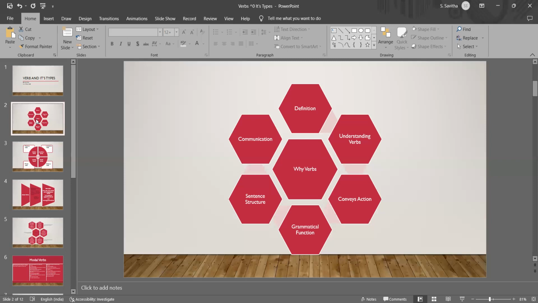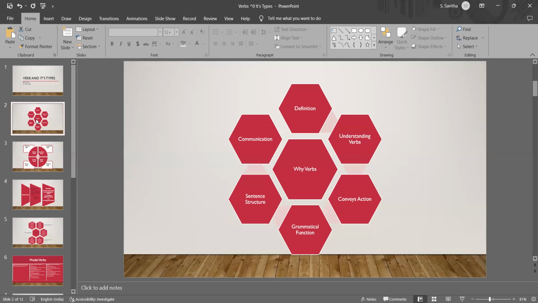So, the reason for understanding verbs is, we need to convey action. Generally, verbs describe actions, events, and processes that occur in the world around us. Without verbs, sentences would be static and lacking in detail.